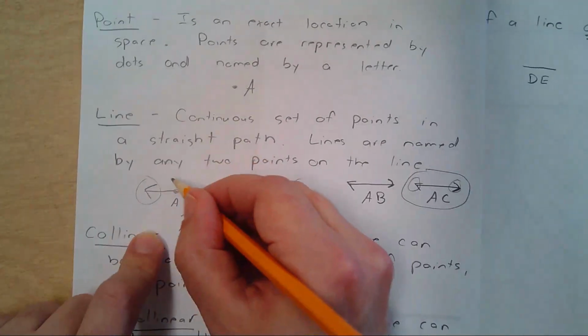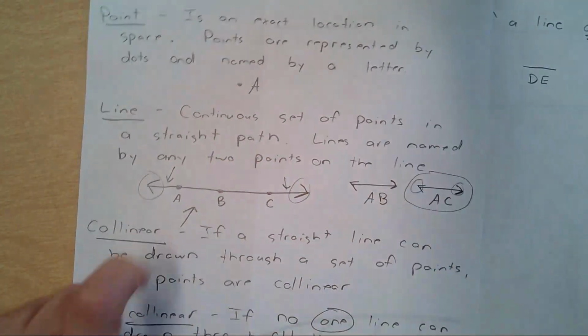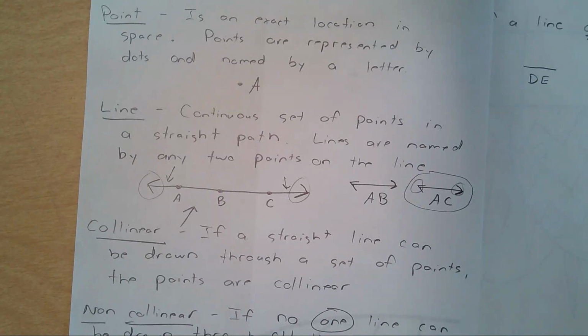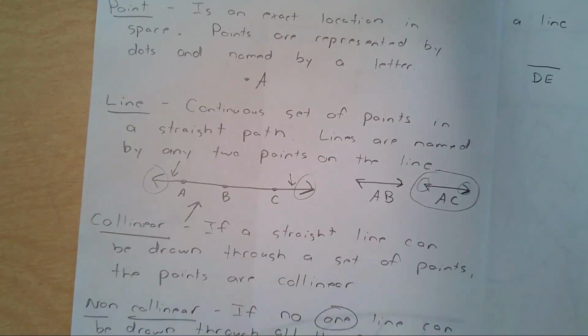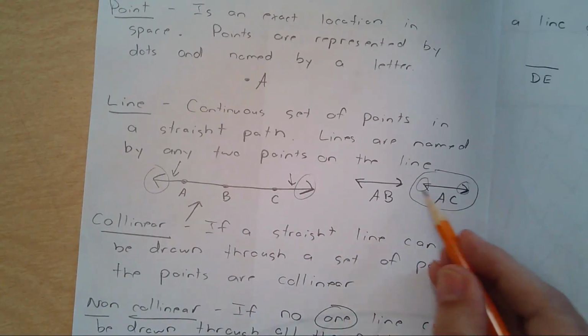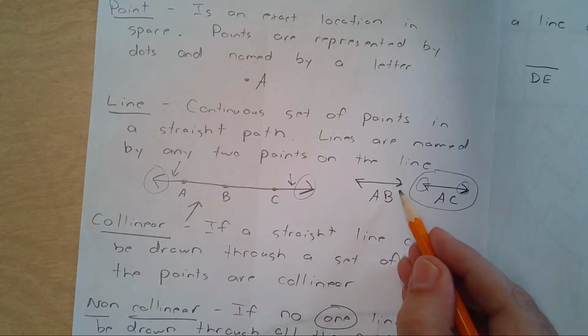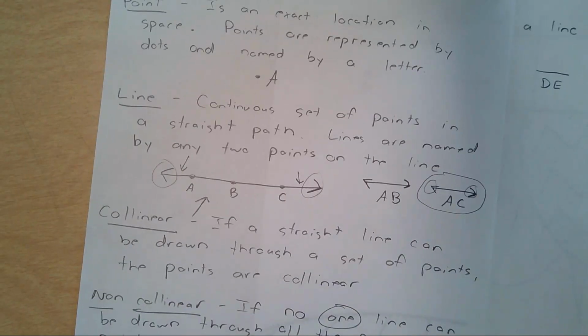But notice how the line continues beyond those 2 points there and continues on to infinity. So we still need to be able to classify the line, call it something. So that's why we need 2 points. We're using 2 points on the line. And it's represented by the symbol, which again represents it as a line. It goes on to infinity.